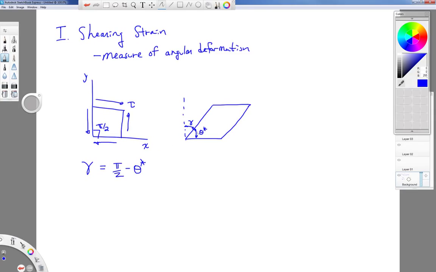Obviously, if the angle decreases, we have a positive shearing strain. Let me say it this way: if theta star is less than 90 degrees, or pi over 2 radians, and if the angle opens up, then we have a negative shearing strain.